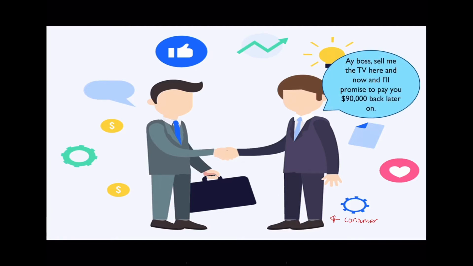So you'll be saying, hey, if you give me that TV now, I'll promise to pay you $60,000 plus an extra $30,000 on top, if you give me the TV now, okay? In doing so, the business will then make a profit. And generally speaking, the businesses will accept this because they're going to make extra profit on top, okay? So this is a win-win situation. And as I said, this situation is what we refer to as buying on terms.